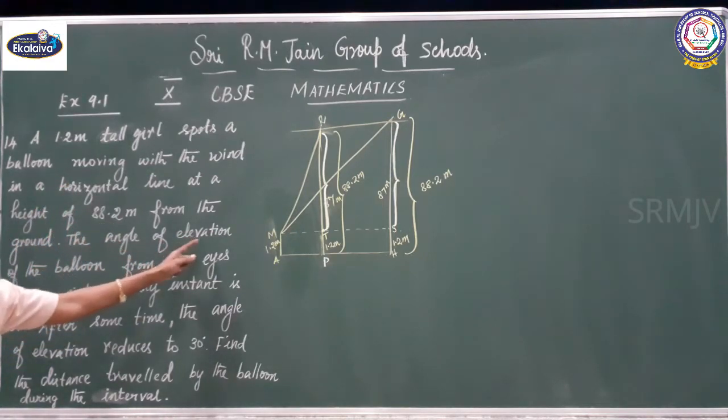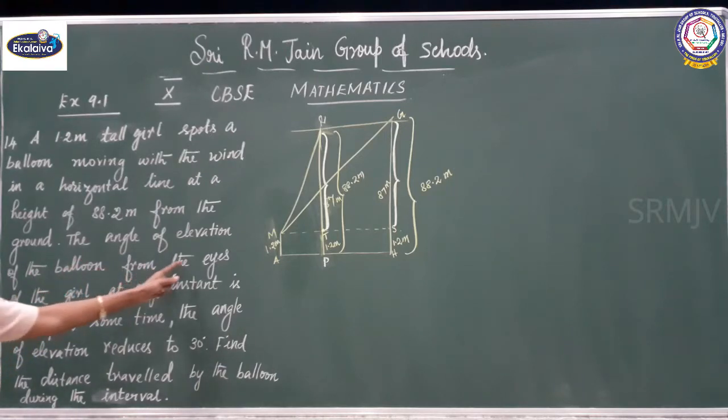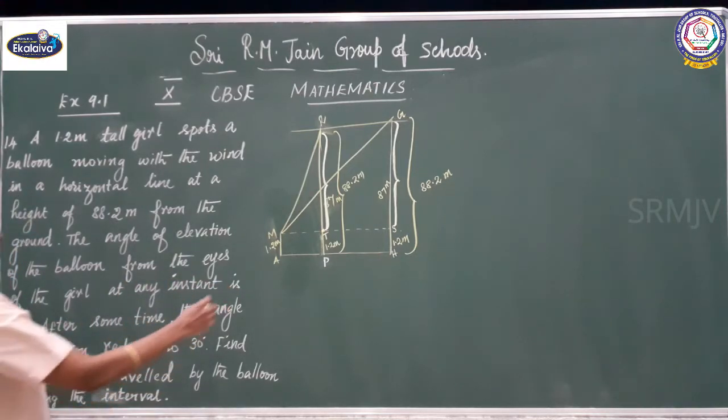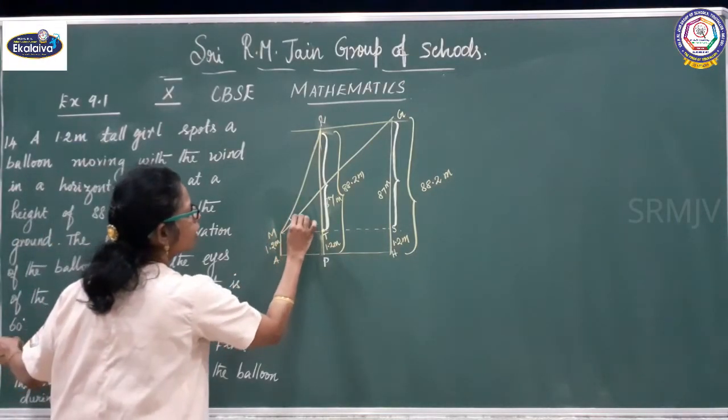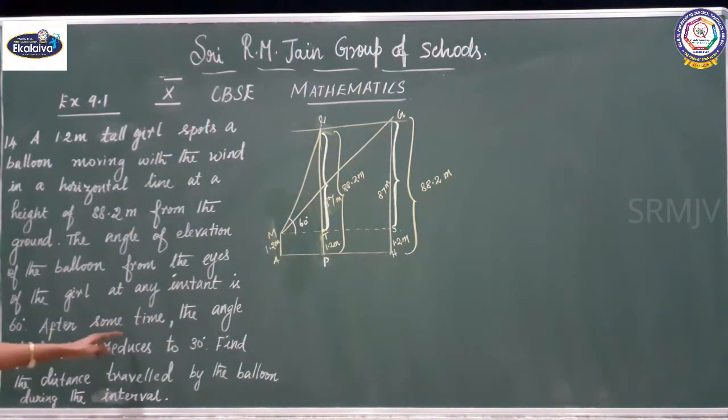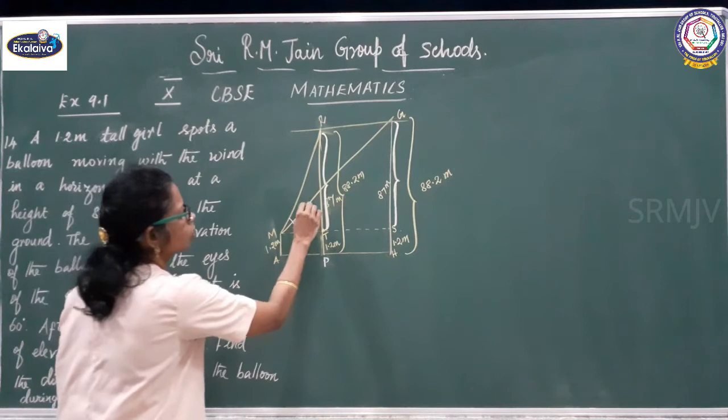The angle of elevation of the balloon from the eyes of the girl at any instant is 60 degree. First it makes an angle 60 degree. After some time the angle of elevation reduces to 30 degree.